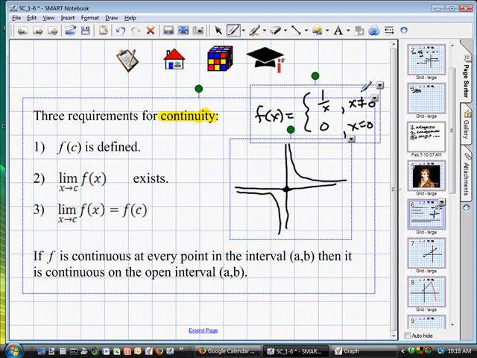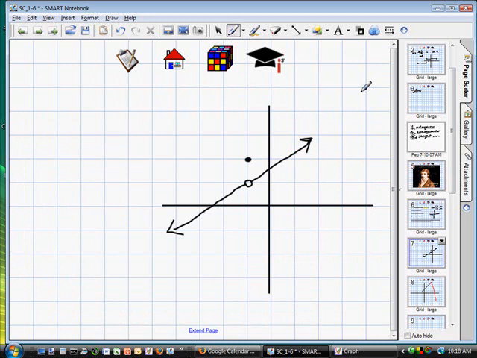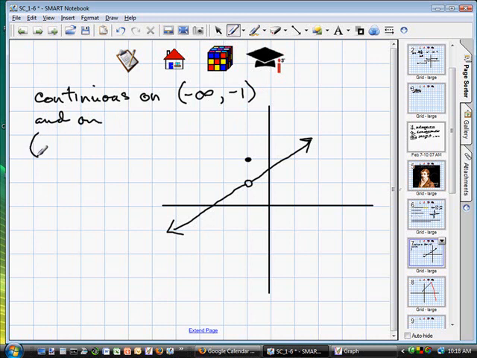We say if f is continuous at every point in an interval, then it's continuous on that interval. So on this one, you could say this function is continuous on the interval and on, so I mean it's continuous everywhere else.